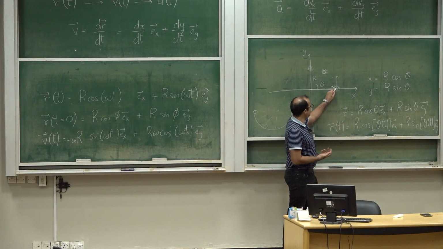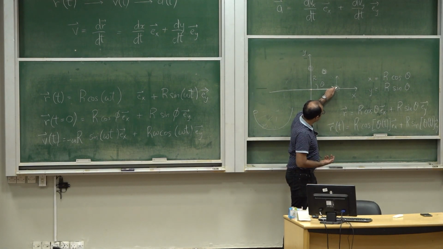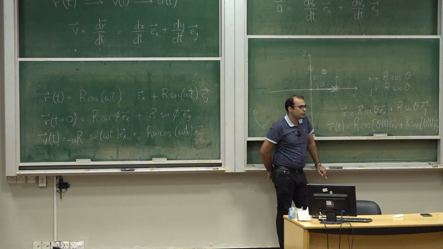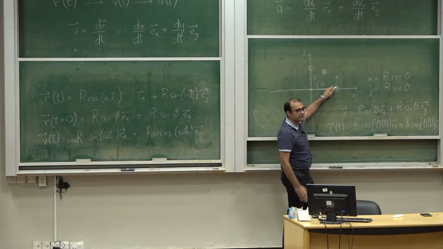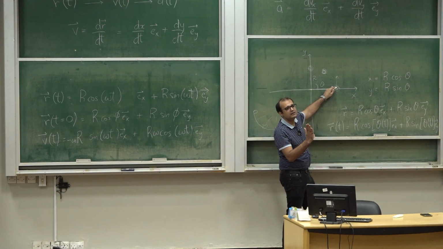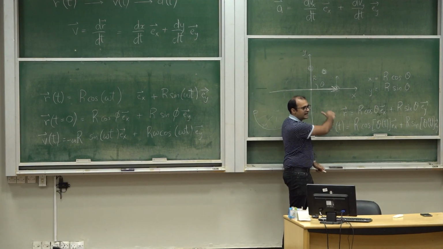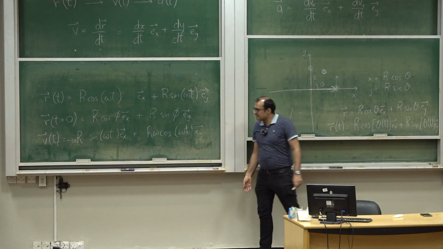If the object is over here, a very, very short time later, it is over here. What should be the direction of the velocity vector? Like that. Some time later, of course, the velocity vector should have a slight negative x component as well, because the object has to move like that as well. And that's exactly what you see.